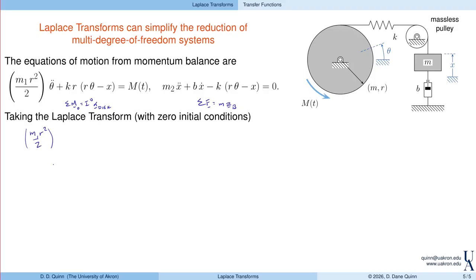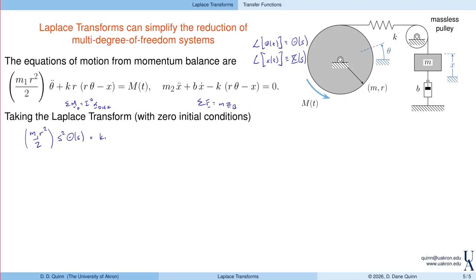Remember the Laplace transform of a second derivative will be s squared times the Laplace transformed variable. So here, the Laplace transform of theta of t will be capital theta of s. The Laplace transform of x of t I'll refer to as, obviously, X of s.